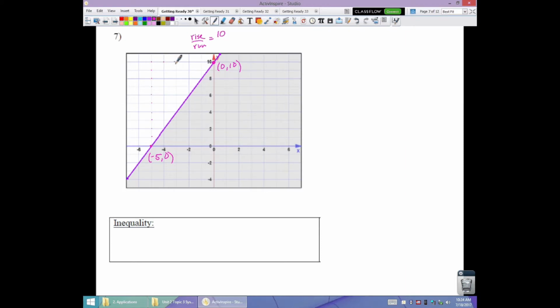I'm going to the right 1, 2, 3, 4, 5. 10 over 5 is 2. So the equation of the line is y equals 2x plus 10. It's shaded below that line, so I'm going to write my inequality as y is less than 2x plus 10. And since the line is solid, we include or equal to.